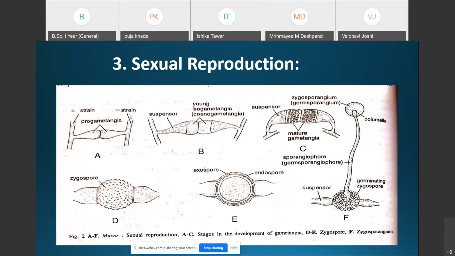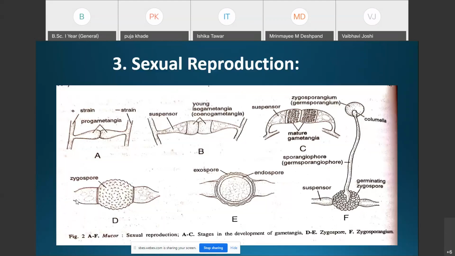They fuse in pairs after the plasmogamy, and the nuclei of the opposite strains fuse with each other, forming a large number of diploid nuclei in the zygospore.